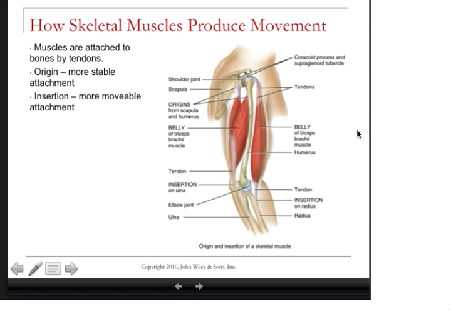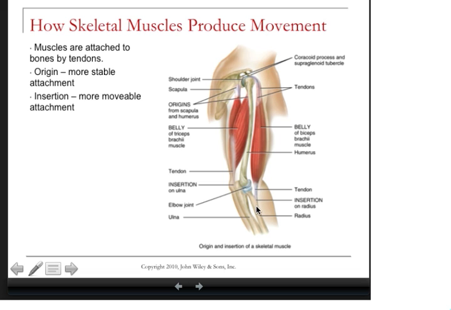Okay, in the case of the biceps brachii, which is the muscle you're looking at here, what we have is an origin at the coracoid process and the supraglenoid tubercle. Well, those are essentially portions of the scapula, and what happens when the biceps brachii contracts is that its insertion point, which is on the radial tuberosity, is then brought closer here to the humerus.